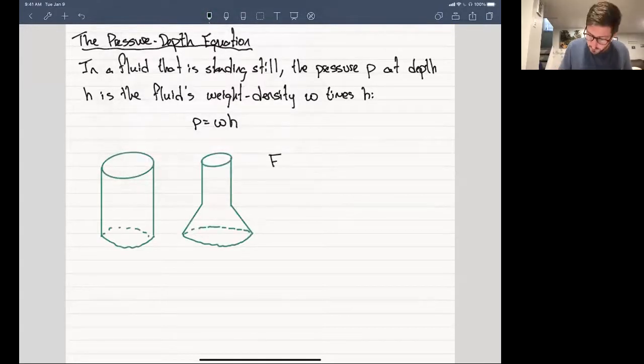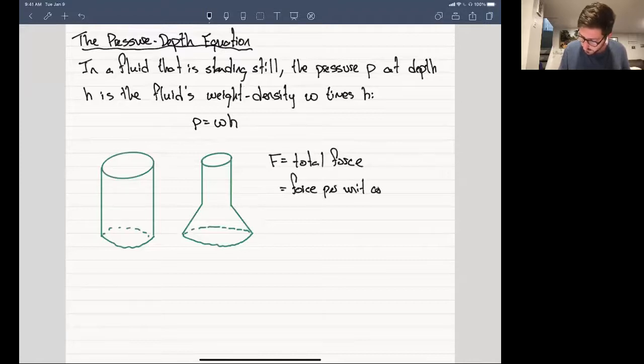The force that's being exerted here, so this will be the total force, is actually equal to the force per unit area times area, right? That's a relatively trivial thing. We just sort of divide and multiply by area. But what is the force per unit area? That's just the pressure, right?